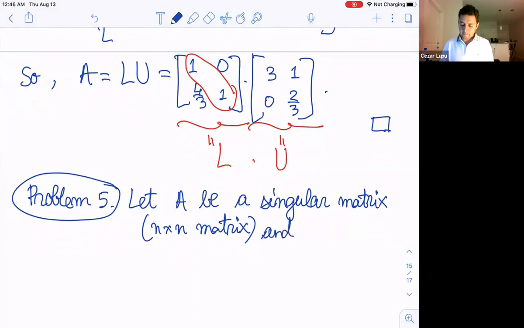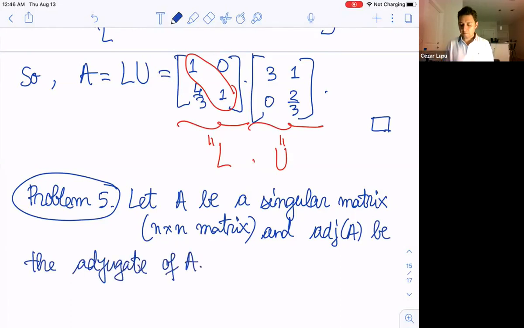And let adj(A) be the adjugate of A. So we had to prove that we can express the determinant of the adjugate of a matrix in terms of the determinant of the matrix, right?